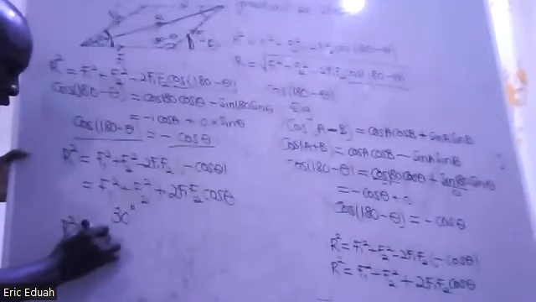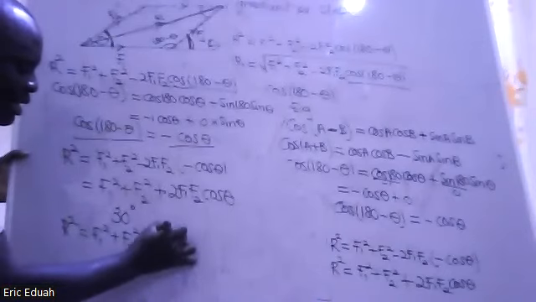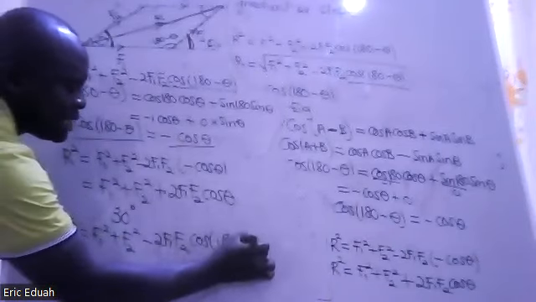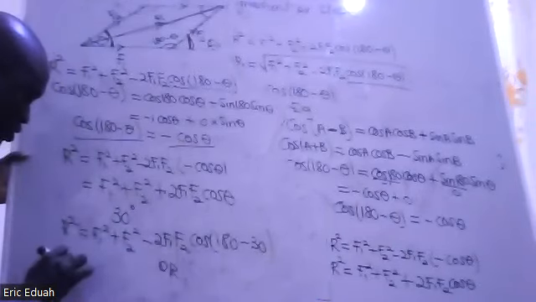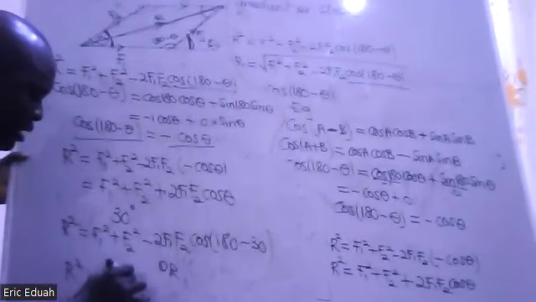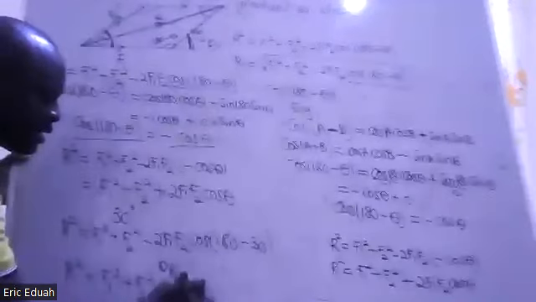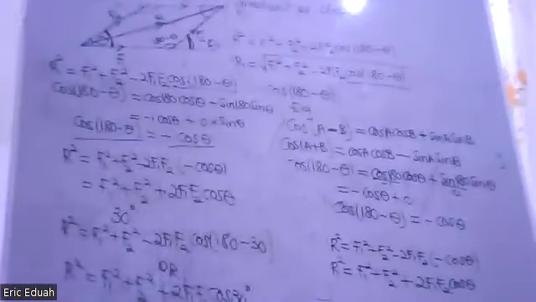Example, if you are given the angle between the forces to be 30 degrees, then R squared will be equal to F1 squared plus F2 squared minus 2F1 F2 cos of 180 minus 30, or R squared will be equal to F1 squared plus F2 squared plus 2F1 F2 cos of 30 degrees.